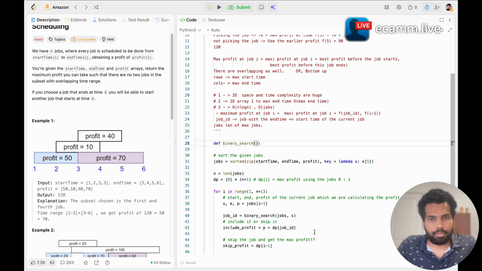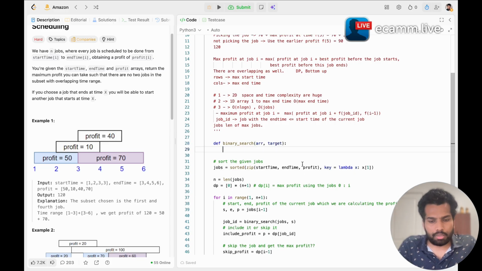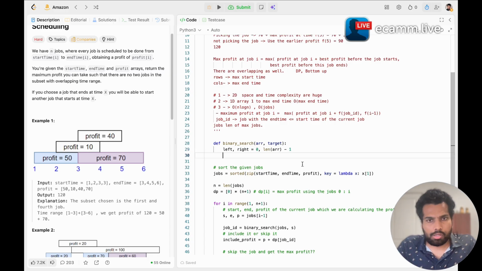I'm just implementing a basic binary search here, and we can think about edge cases later. Let's say this is the binary search, left, right equals 0, length of arr minus 1, and while left, this is just the basic binary search.